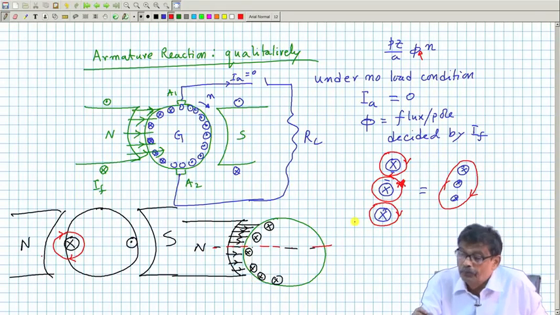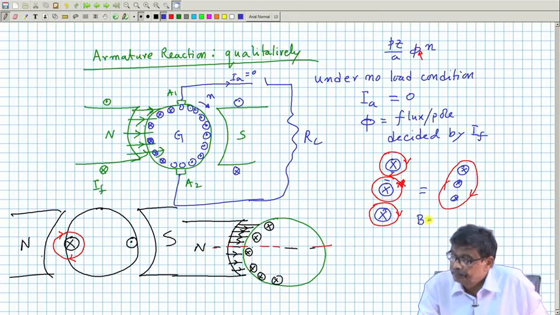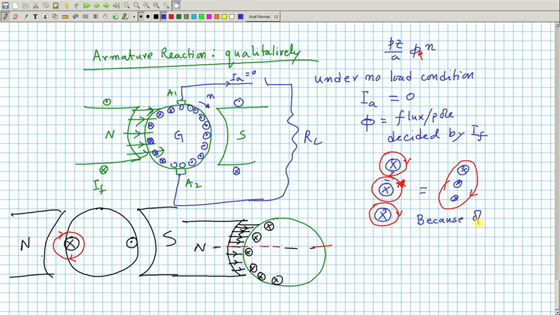So, the conclusion is in one half, because of armature current IA, flux will increase in one half of the pole, and will decrease in the other half.